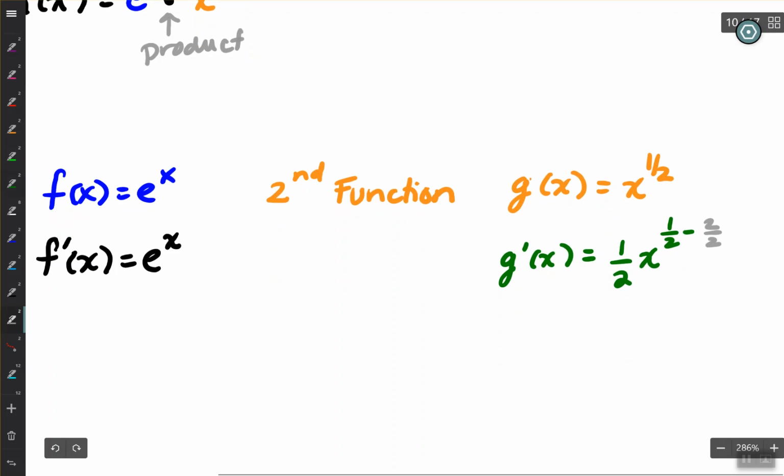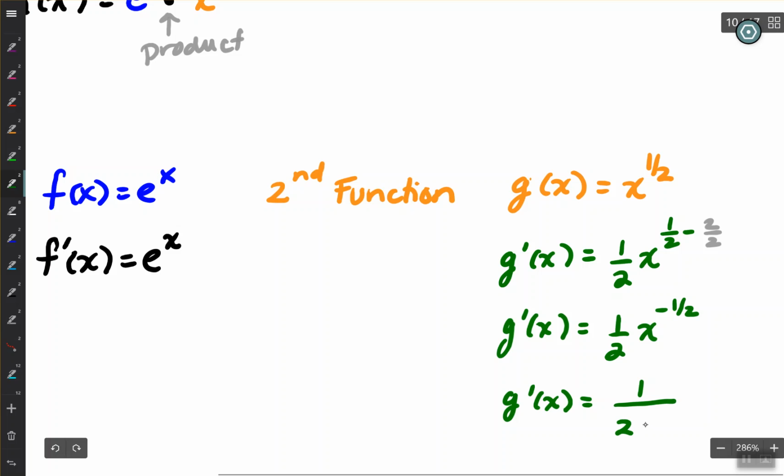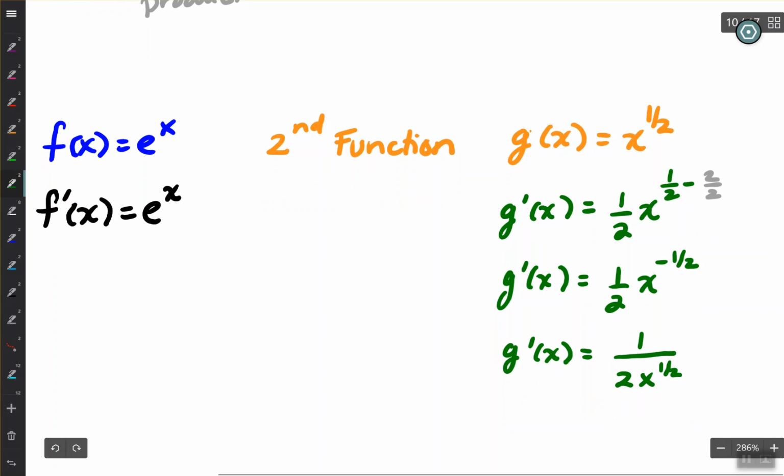So we've got 1/2 times x to the 1/2 minus 2/2, which is x to the minus 1/2 power. And maybe I'll rewrite that as 1 all over 2 x to the 1/2 power, which is 1 all over 2 times the square root of x.